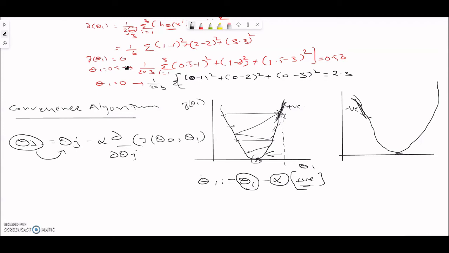Now suppose you have a negative slope, so theta 1 is assigned theta 1 minus the learning rate times a negative value.